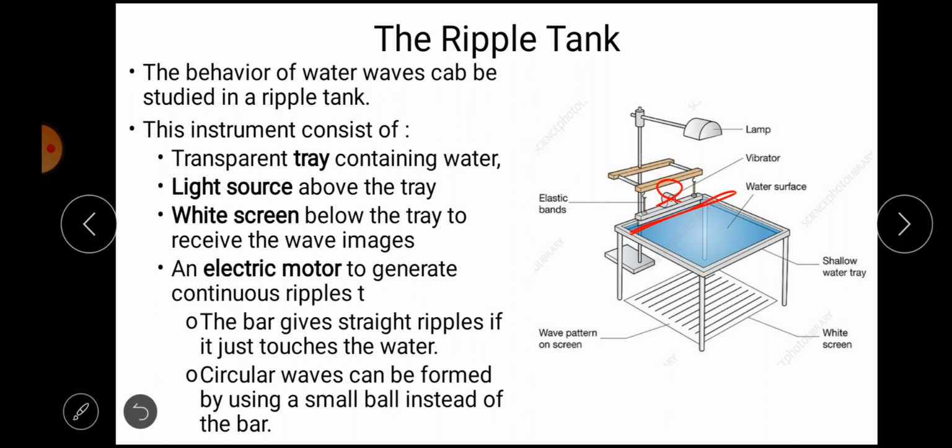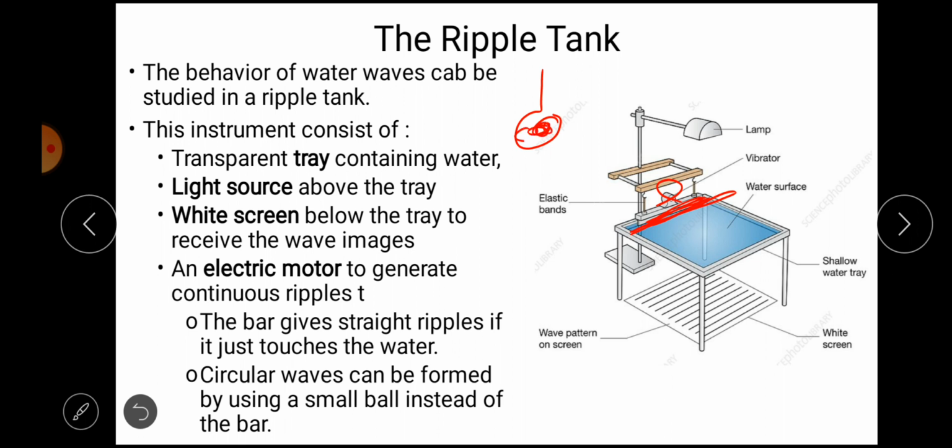If we want to form circular waves, we are going to put a small ball instead of the bar. So here we have a bar to form straight waves, but if we want to form circular waves, we use a ball. So this is the ball.